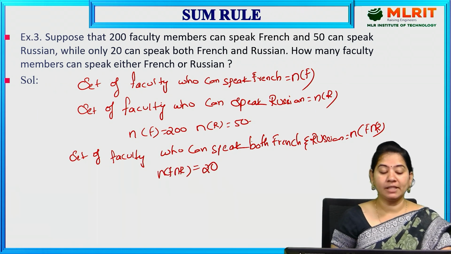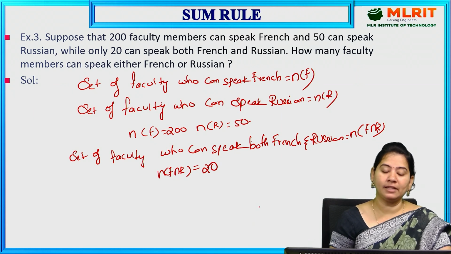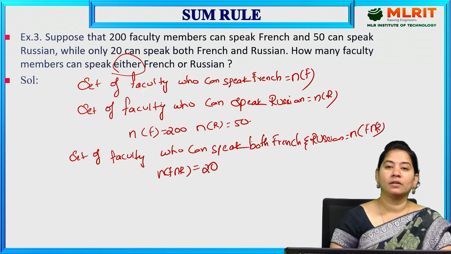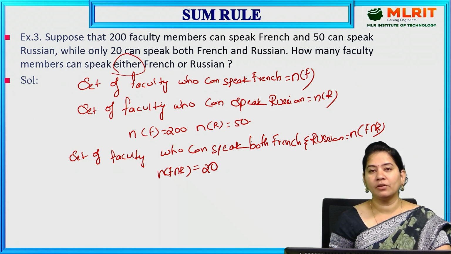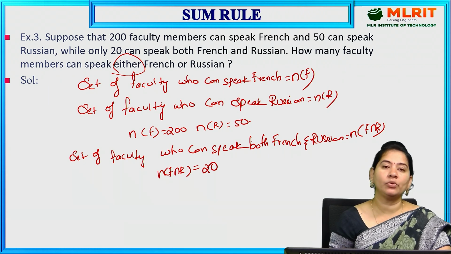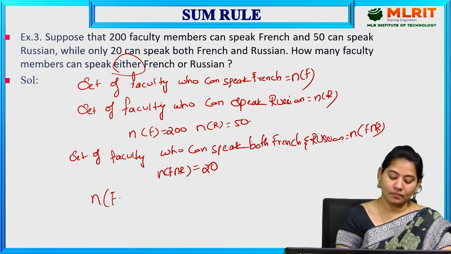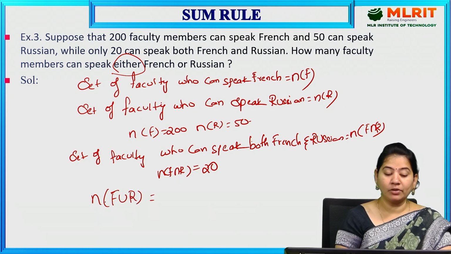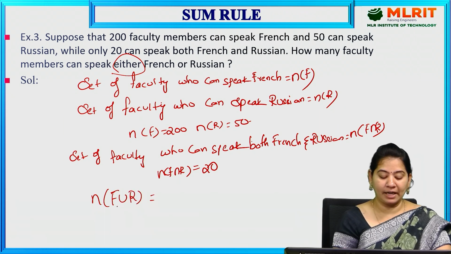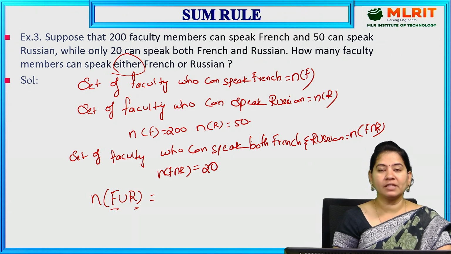Now the question is, how many members can speak either? Wherever you see either, you have to observe that it is nothing but the union formula. So first, you have to write F union R, because we have to find out the faculty who can speak either French or Russian. So obviously it is considered as union.